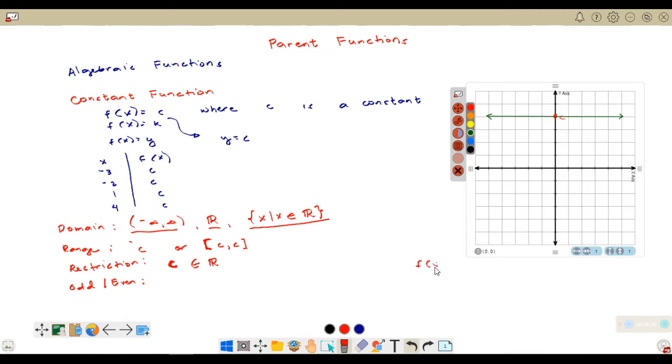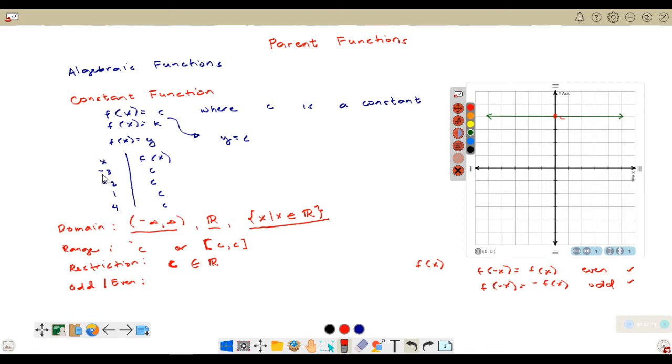If f of x is given and f of negative x is still equal to f of x, it is even. But if f of negative x is equal to negative f of x, then it is odd. And of course, if it satisfies neither of the two, then it is neither even nor odd. So let's see.